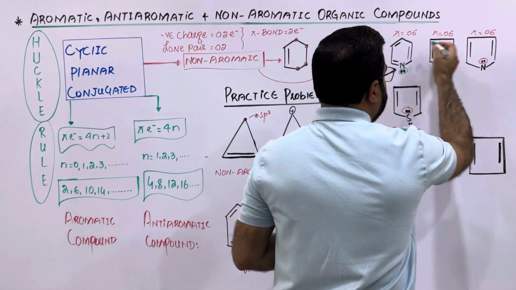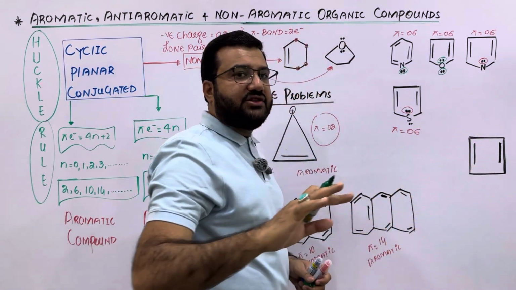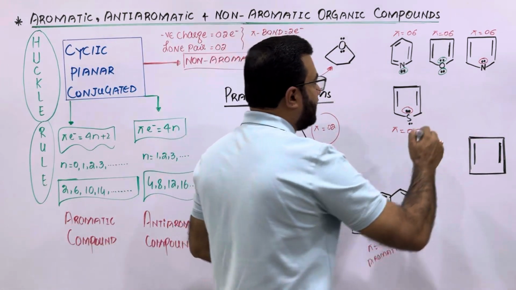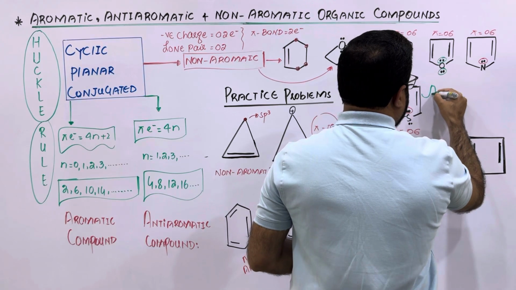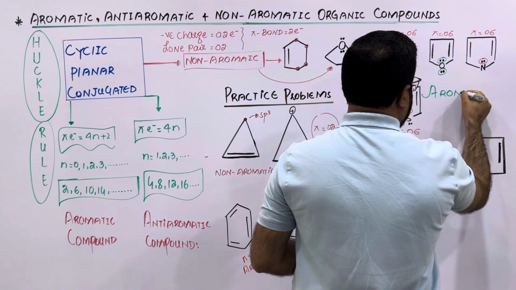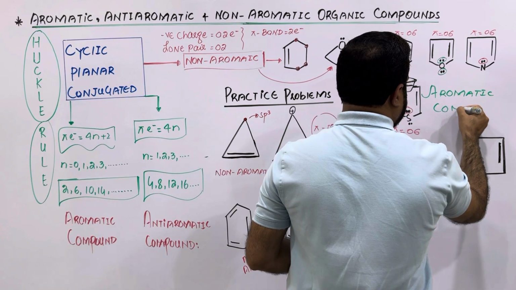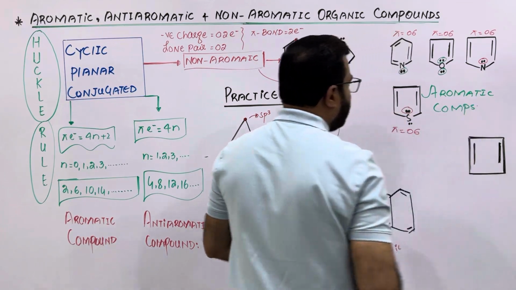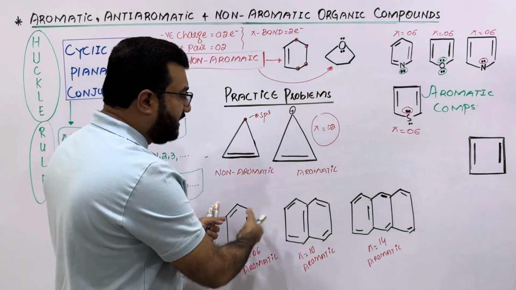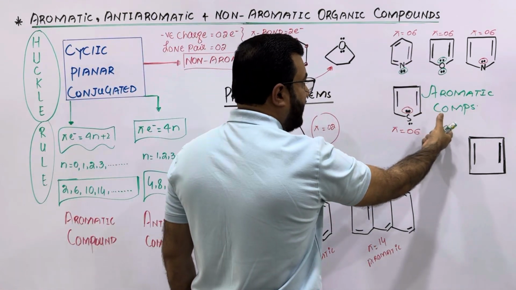As all these three are satisfying all conditions of aromaticity, we will consider all of them as aromatic compounds. But there is a difference between these three aromatic compounds and these four aromatic compounds.